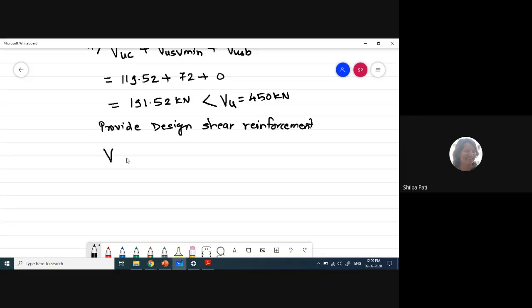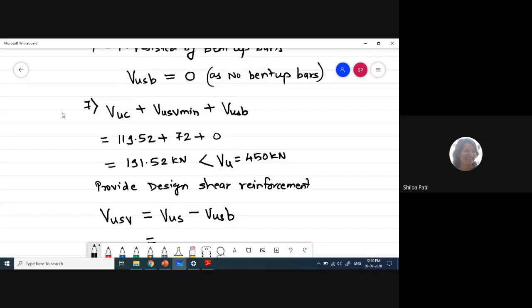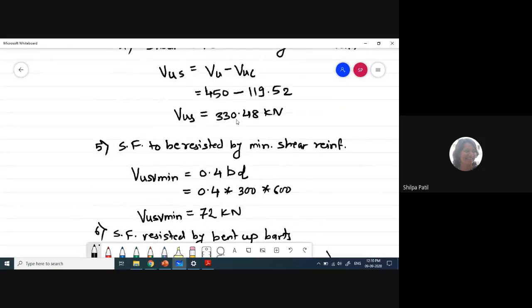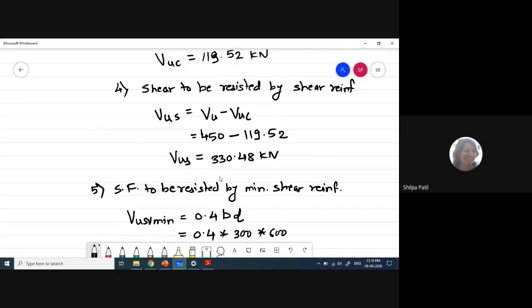It is denoted as VUSV, the shear force resisted by the shear reinforcement, which will be VUS, the total shear force to be resisted by the shear reinforcement, minus VUSB, that is the bent up bar. Now VUS, this value we have already calculated over here. What is that value? It is 330. How have we obtained it? We have already deducted the shear force resisted by the concrete from the total shear force.